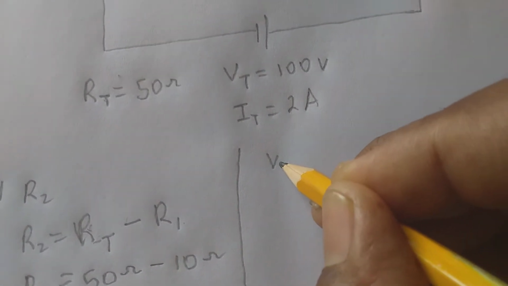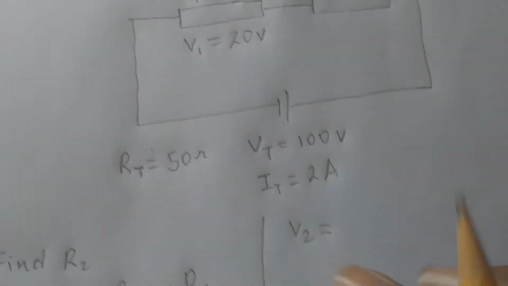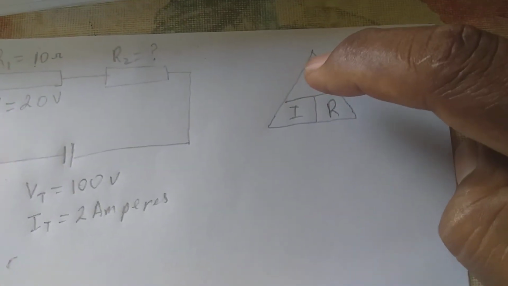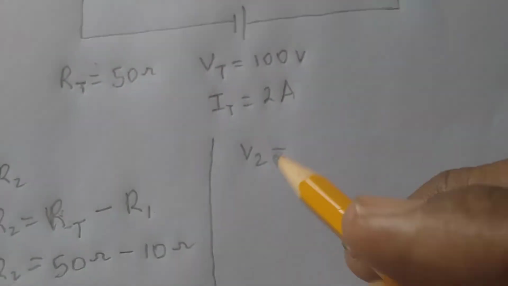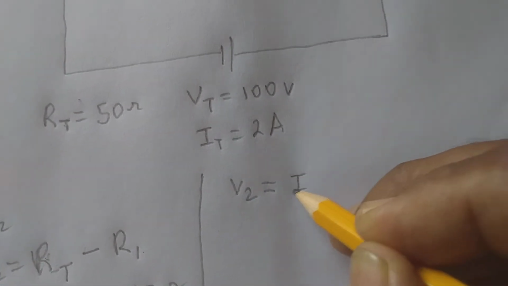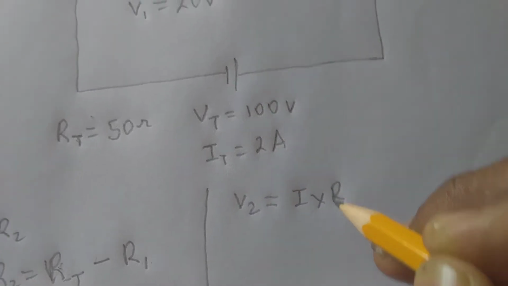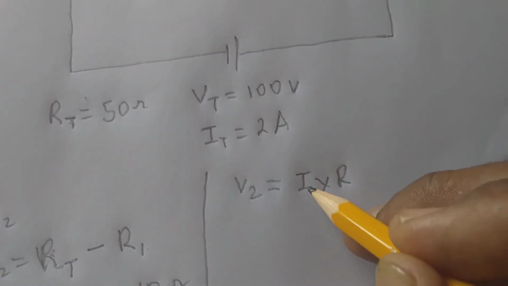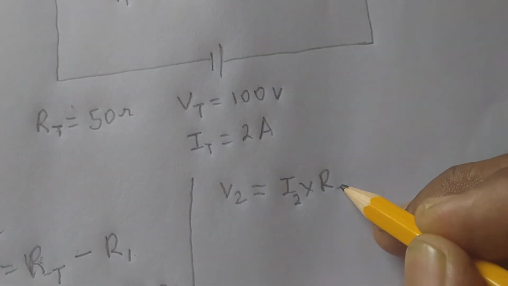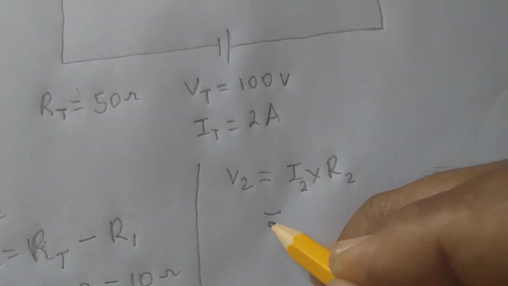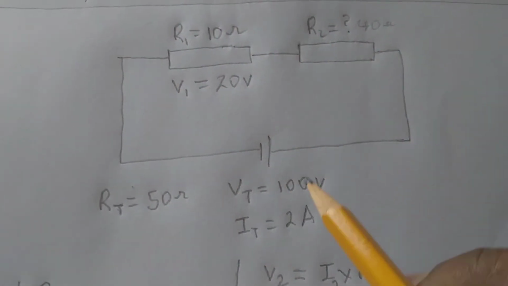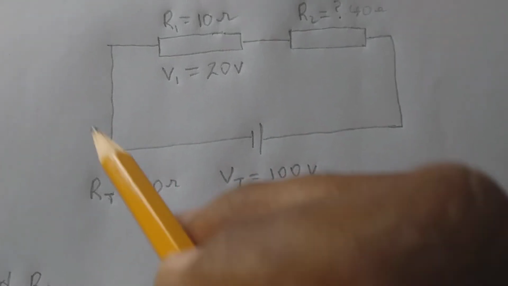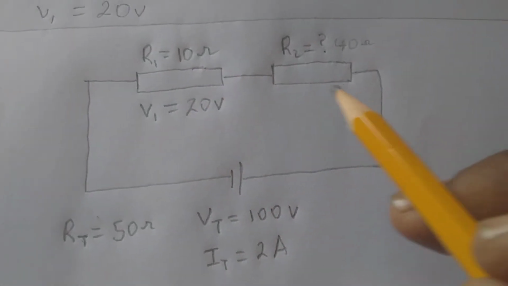So V2 is equal to, if we go to the triangle, you cover V, V is equal to I times R. So we're going to write this formula, I times R. So since we have 2, we put 2 there times R2. Remember that in a series circuit the current is constant, so this IT is the same as what would be here and what would be there.